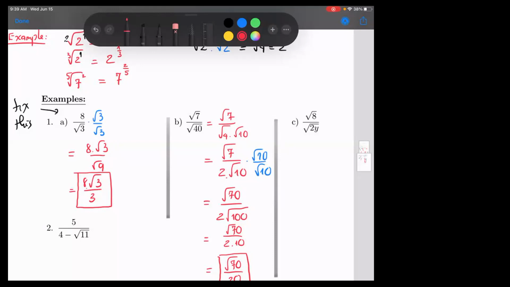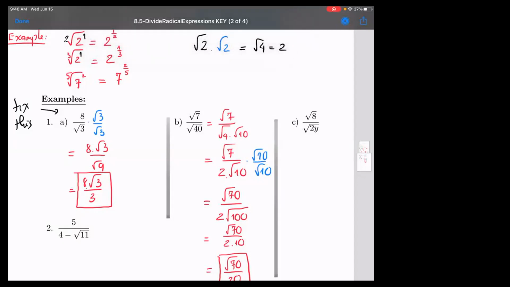Good, that's the right step. Yes, simplify more. So 8 times 2 is 16, root 16 over... Yes, 4.